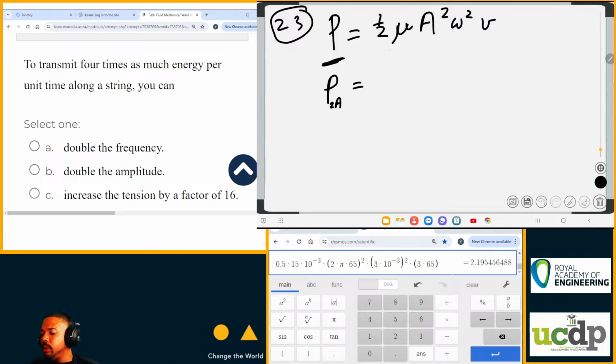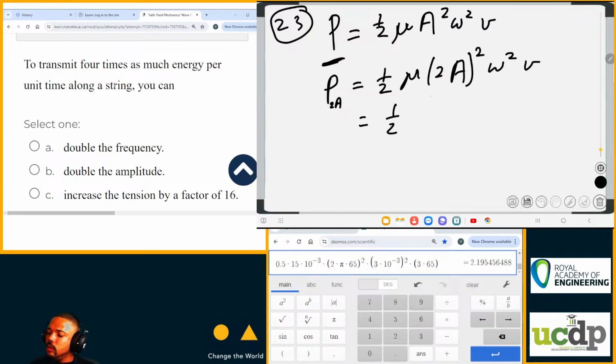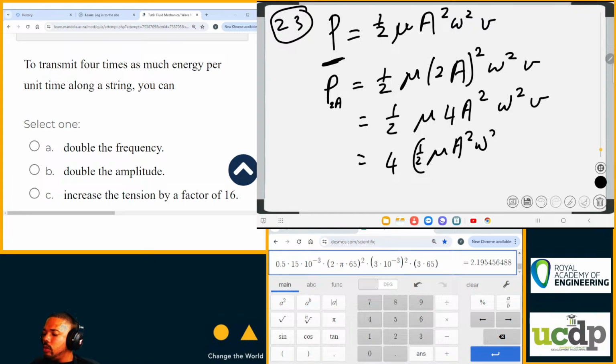A half times the mass density times 2 times amplitude squared, omega squared V. The answer is then 4 times amplitude squared, and we can take out the 4, so it is just a half mu A squared omega squared V. So we have effectively transmitted 4 times the amount of power by just doubling the amplitude.